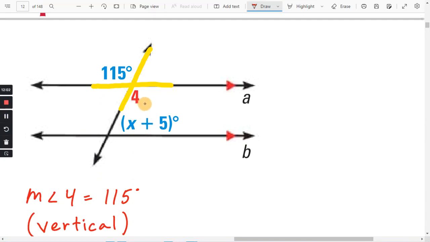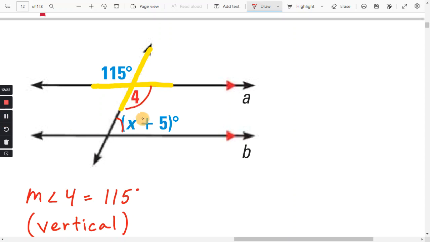And now we see that angle 4 and this angle right here, the X plus 5, are same side or consecutive interior. So we know that these two are supplementary. We know that they add to 180.